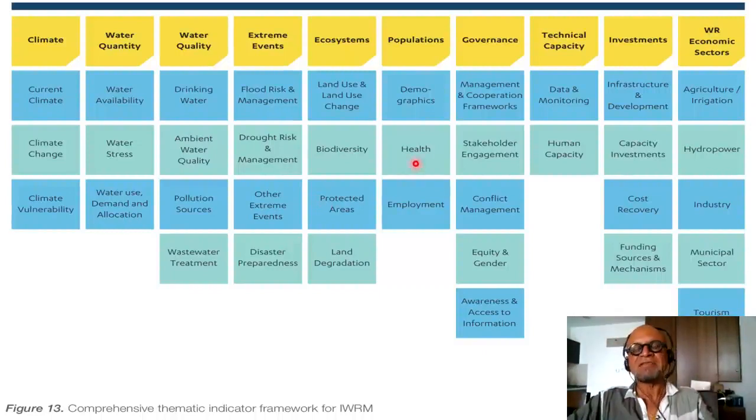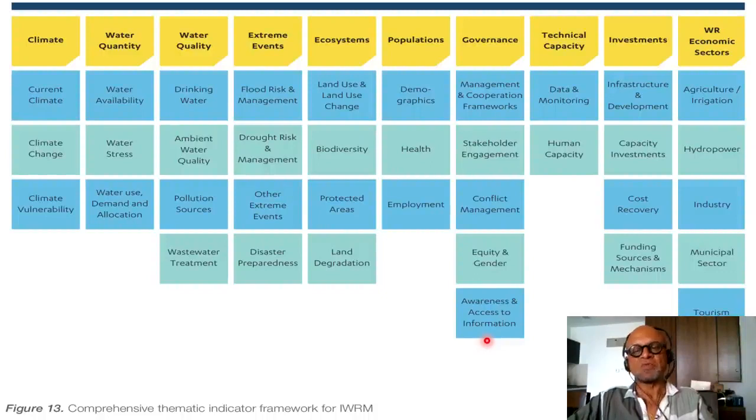Demographics and health under climate change, and employment, can all be affected by water resources. And governance, management and cooperation frameworks, stakeholder engagement, conflict management that we talked a little bit about before, equity and gender, awareness and access to information.